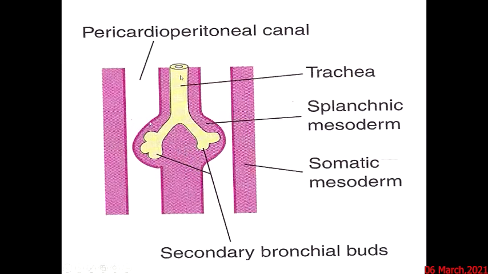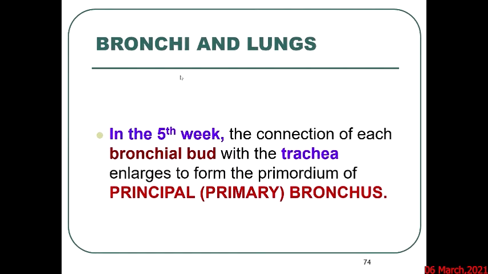This connection of the bronchial bud with the trachea will become like this, and now we call it the primary bronchus or principal bronchus. So we have got the primary or principal bronchus there.